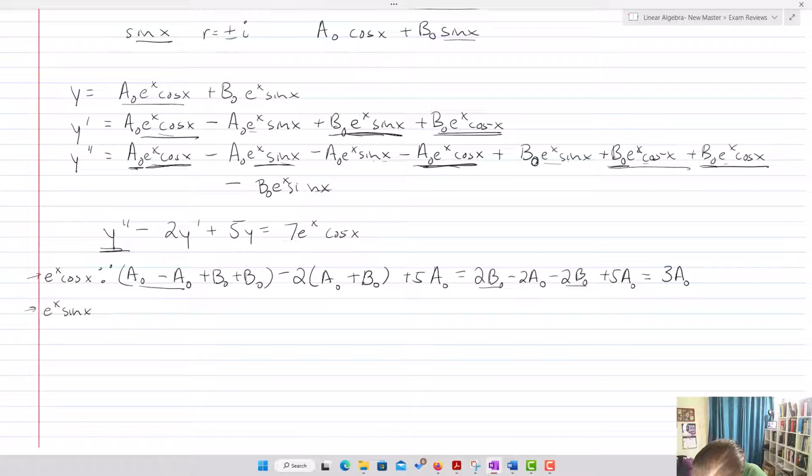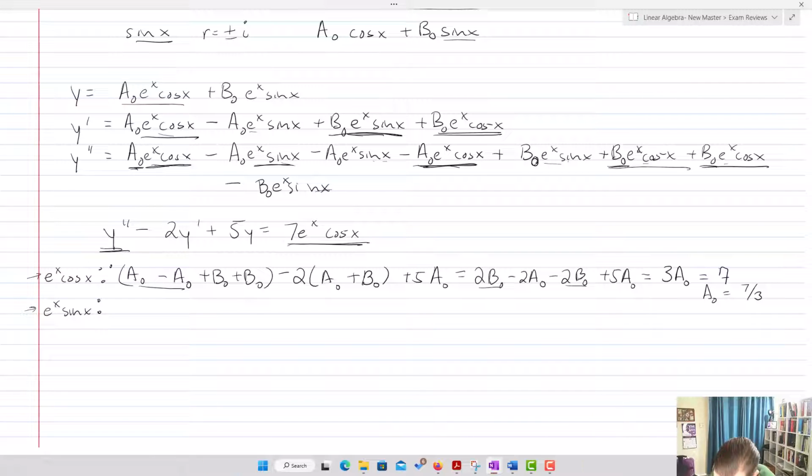That's great, and that's going to equal 7. The reason why it's going to end up equaling 7 is notice that on the right-hand side we have 7 e to the x cosine x. So all of our e to the x cosine x terms should equal this 7 e to the x cosine x. So there it is, it's equal to 7. That means that a naught is equal to 7/3.